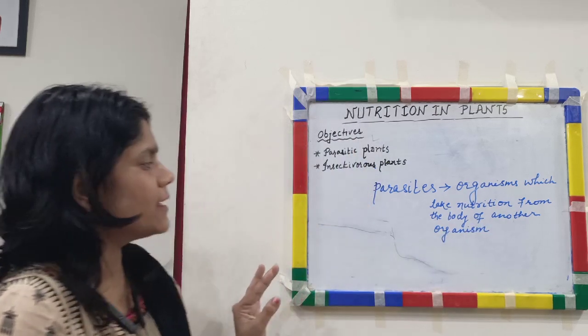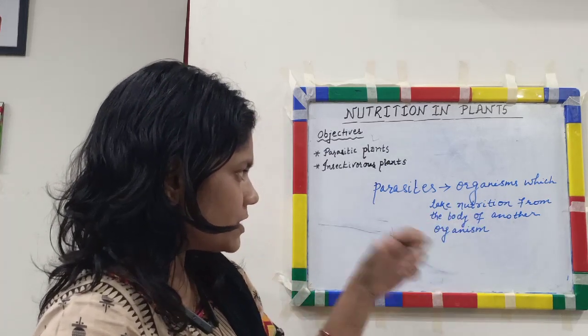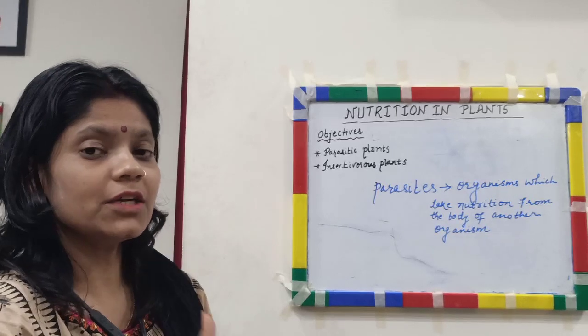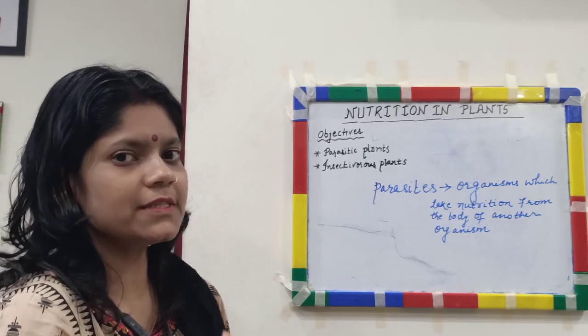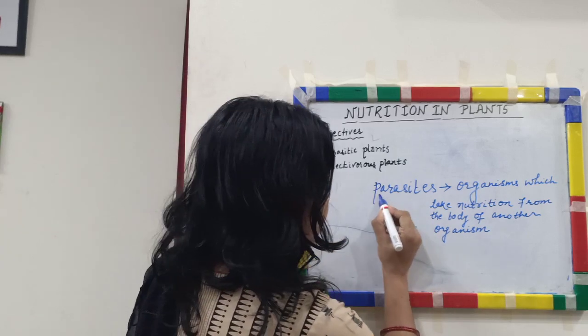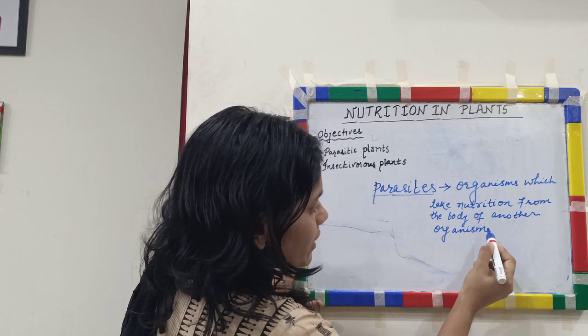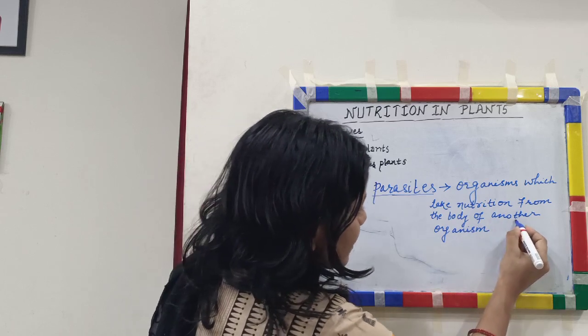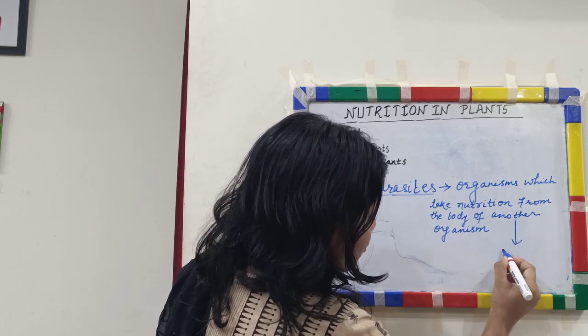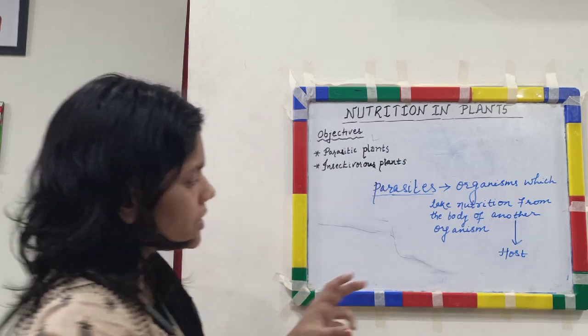So you may see here there are two organisms involved. One is the organism which derives the nutrition and the other organism from which the nutrition is derived. So what is the other organism known? Parasites are the organisms which take nutrition from the body of another organism. So what is the name of the other organism? This is called host. So what is a host?